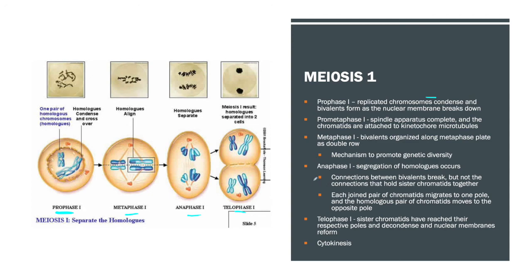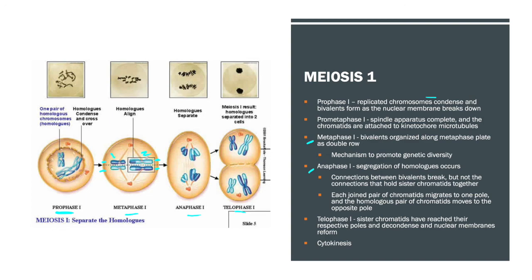Now, one thing I want to point out here is in metaphase 1 and anaphase 1. In metaphase 1, the bivalents organize along that metaphase plate, but they do it as a double row, like this, and they randomly reassort. Let's say that this is chromosome 1 and this is chromosome 2.